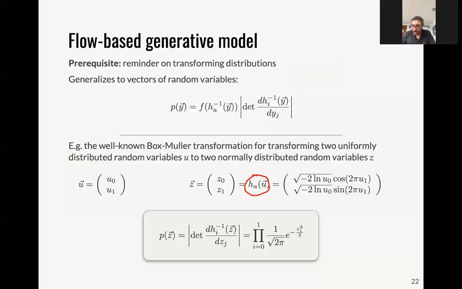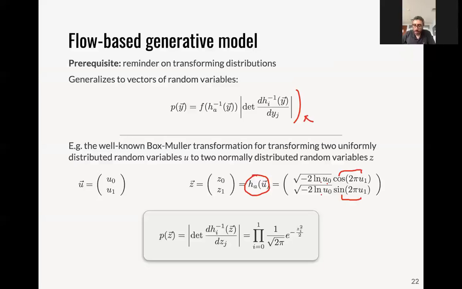So it relates to the logarithm of the first variable and then the cosine of the second, and the logarithm again of the first variable, but then the sine of the second variable. So if you compute this transformation, given this h that I defined here, then you will see that the resulting variables are indeed distributed normally, right? So they're independently normal: e to the minus z0 squared and e to the minus z1 squared.